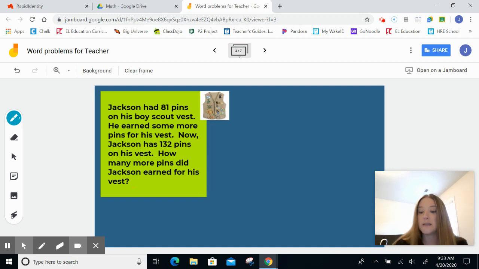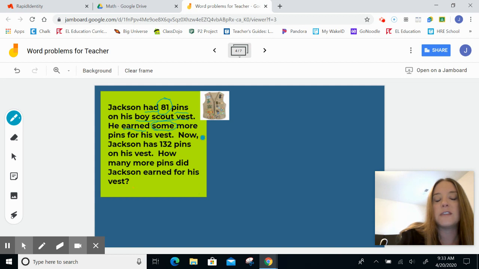Let's read it a second time, and this time we're going to circle important numbers and underline important words. Jackson had 81 pins on his Boy Scout vest. He earned, ooh, look at that word sum. I said every word problem that we're going to do has the word sum.